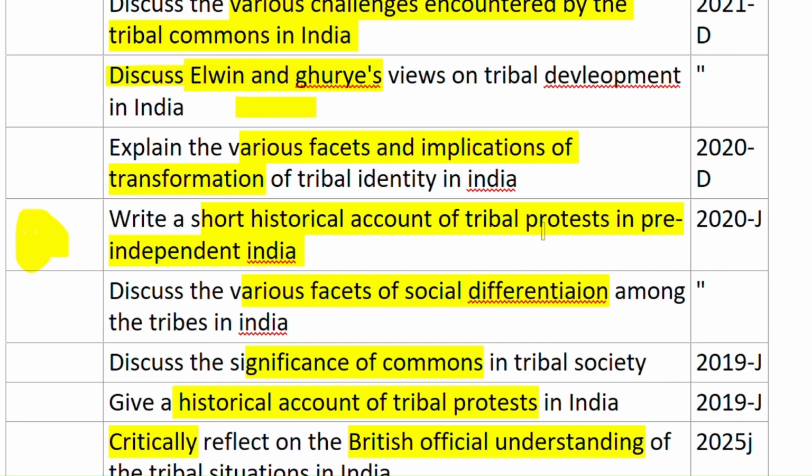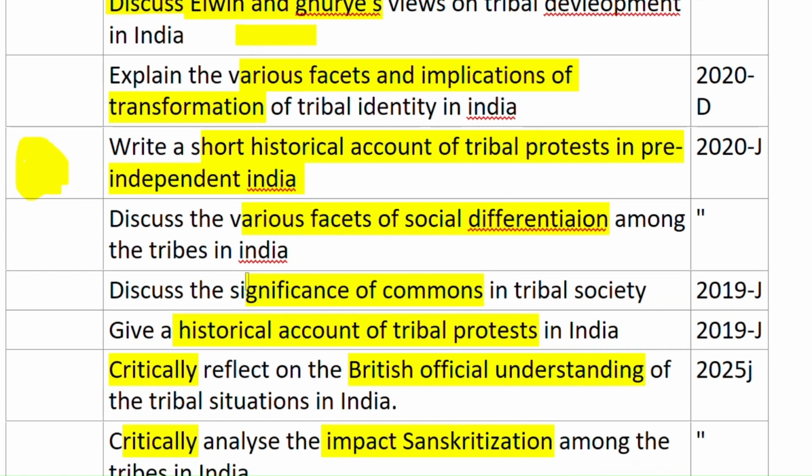It is asking about the tribal protest in pre-independent India. We know there were many tribal revolts which had troubled the British. If you are interested in the modern India perspective, you can learn it as well, but it is not a repeating question as part of MA Sociology. But if you like it, you can learn.